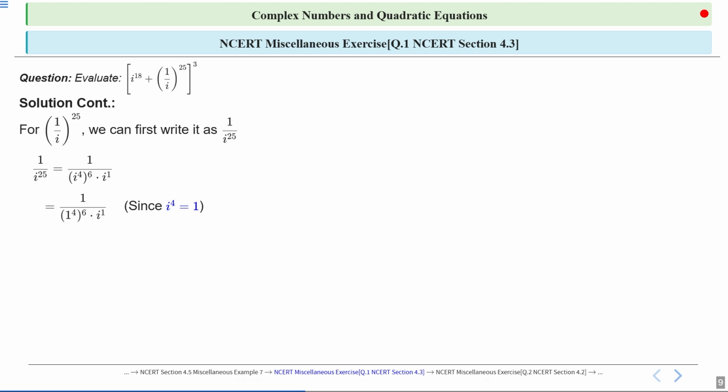So we now have 1 divided by iota to the power 25 equals 1 divided by iota. This is a much simpler form and will help us as we continue solving the original expression.